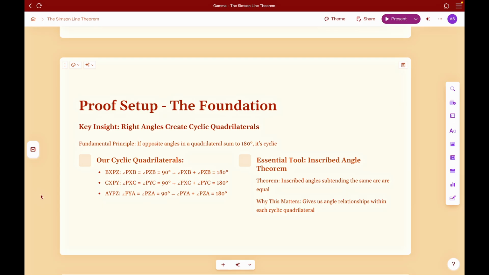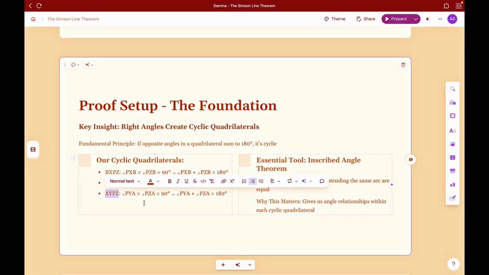First we have angle PXB equal to angle PZB equal to 90 degrees because that's the perpendicular angle, and that shows that PXB plus PZB is equal to 180 degrees, and that proves that this is a cyclic quadrilateral. The same thing goes for CXPY and AYPZ.